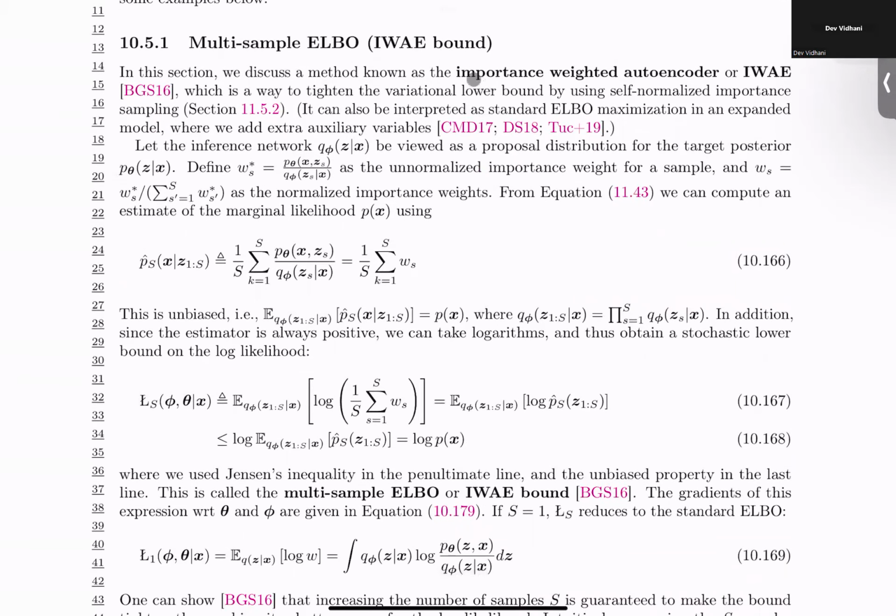In this section, instead of relying on the single sample, they take multiple samples and figure out what the value should be from the second part of the network, and that's what they call the importance weighted autoencoder. So instead of taking just one sample, they take a weighted sample in the middle part of your network, and that's what the multi-sample ELBO is.